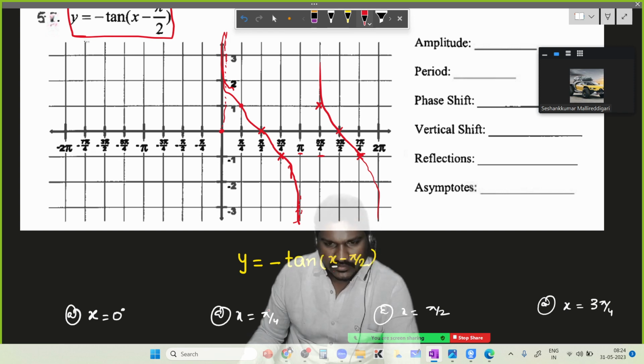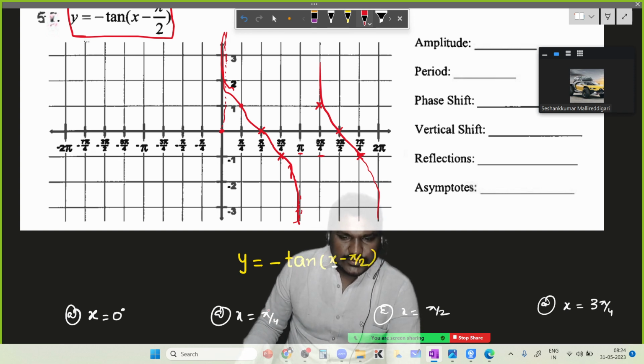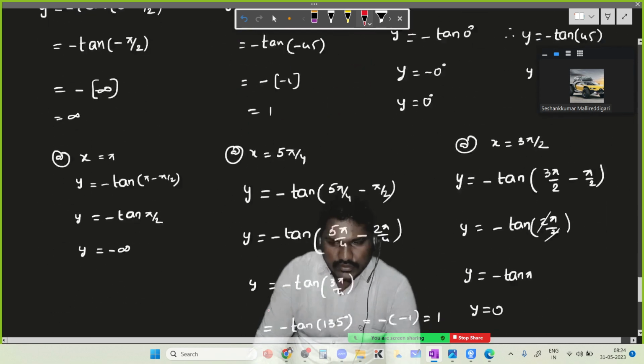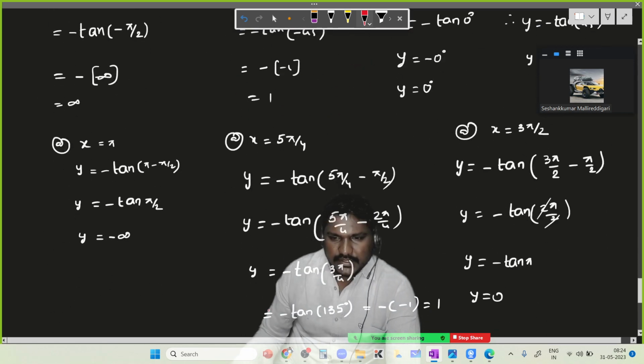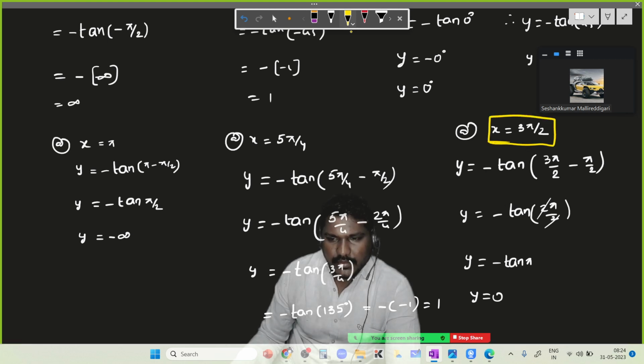Okay then. So now we have solved until here, 5 pi by 4. Let me do it at x is equal to 3 pi by 2. If you substitute the value of x is equal to 3 pi by 2 in the function in place of x, we get 3 pi by 2 minus pi by 2, which is 2 pi by 2.